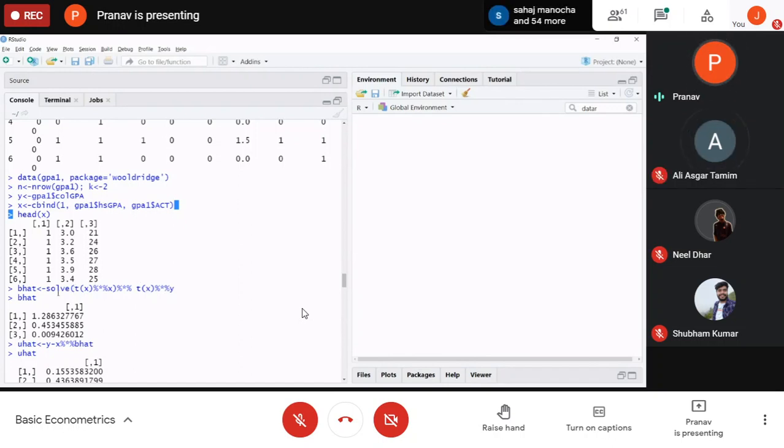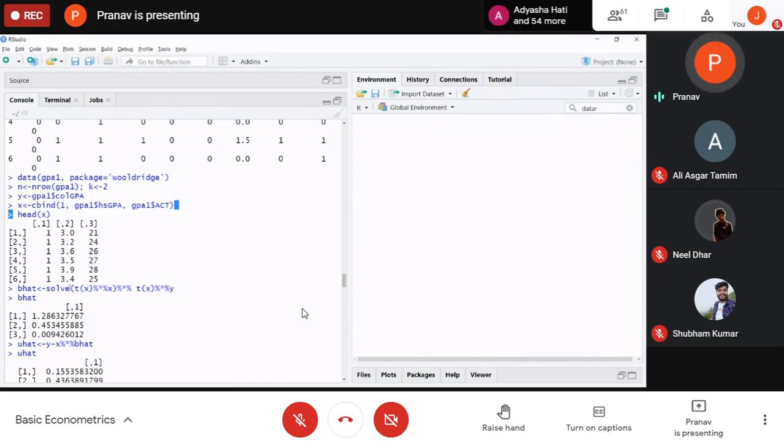So this part, the inverse of X transpose X, is my solve. Solve of X transpose X will give me X transpose X inverse. Now this entire matrix gets multiplied with X transpose Y. So for X transpose I have written T of X, that is transpose of X, again multiplied using this symbol by Y. Y here is my dependent variable.